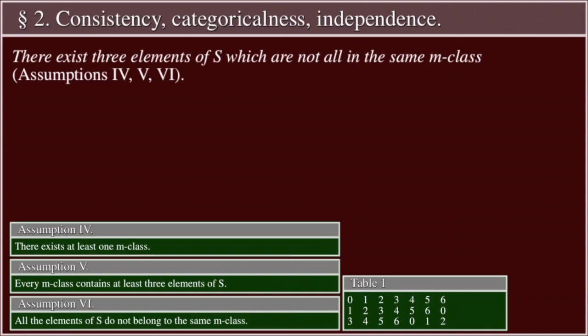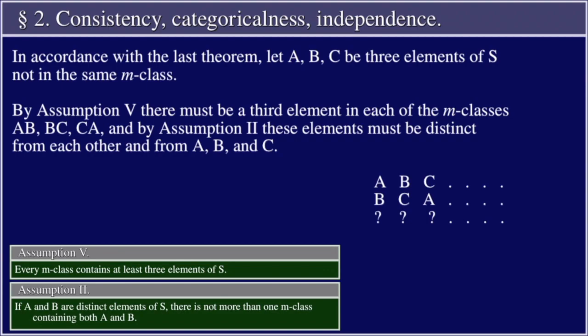There exist three elements of S which are not all in the same M class, by assumptions 4, 5, and 6. In accordance with the last theorem, let A, B, C be three elements of S not in the same M class. By assumption 5, there must be a third element in each of the M classes AB, BC, CA, and by assumption 2, these elements must be distinct from each other and from A, B, and C.